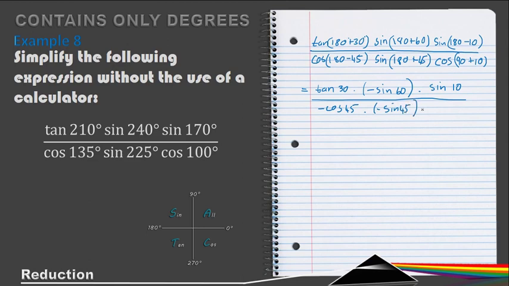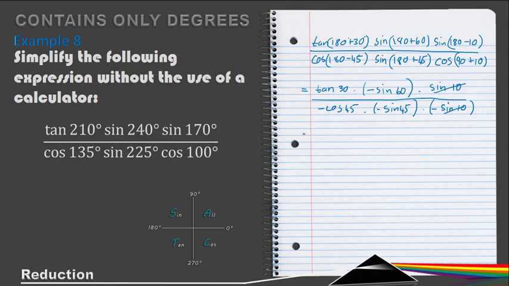And then applying the reduction formula on cos 90 plus, now 90, once again I have to change it into its co-ratio. So 90 plus is in sine's quadrant, that means that cos will be negative there, but now since it's 90 I change it into its co-ratio, so I change it into sine 10, and as you can see these can now actually cancel out.